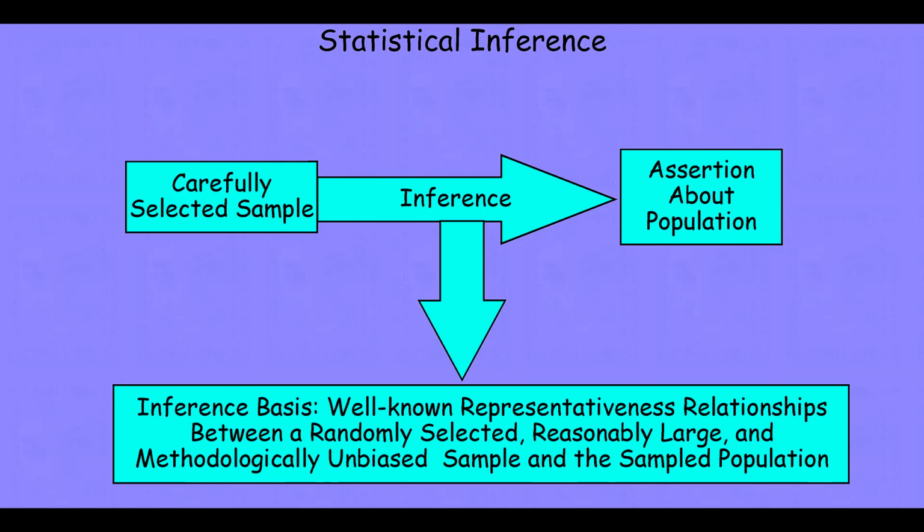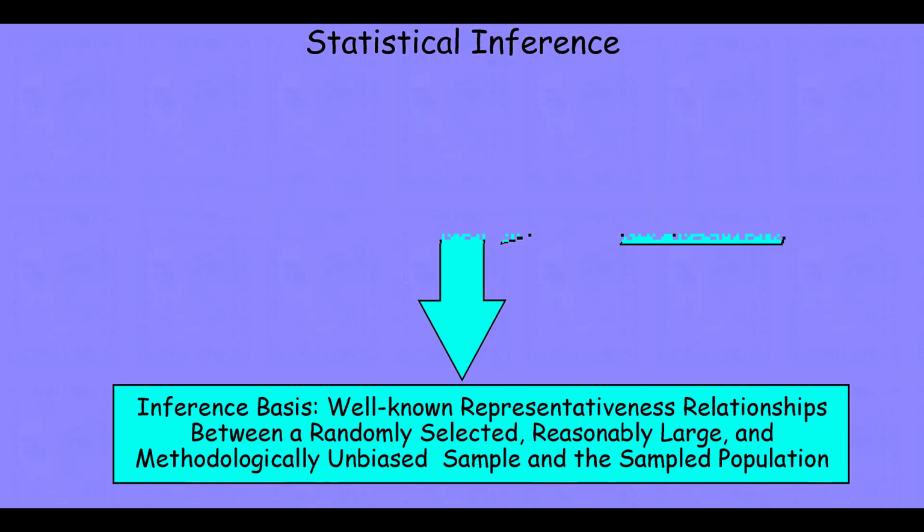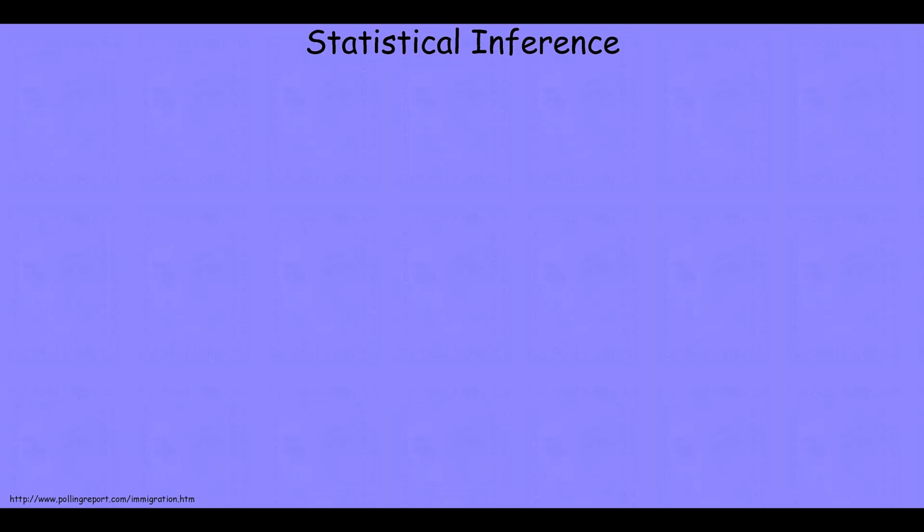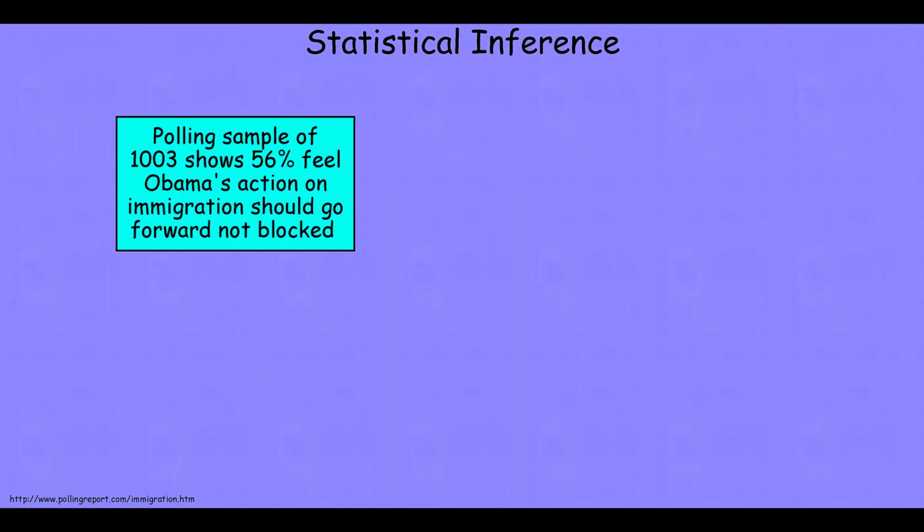We can look at a concrete example of that to help us understand this process a little bit better. This is based on a poll about the DACA program during the Obama administration. People wanted to know how the American population felt about whether the executive action that established DACA should be repealed or allowed to go forward.